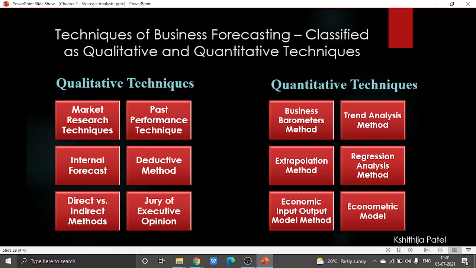So in our last session, we had started discussing techniques of business forecasting, which we had divided on the basis of qualitative techniques and quantitative techniques. Of the qualitative techniques, we had discussed market research techniques, past performance techniques, internal forecast, and deductive method.